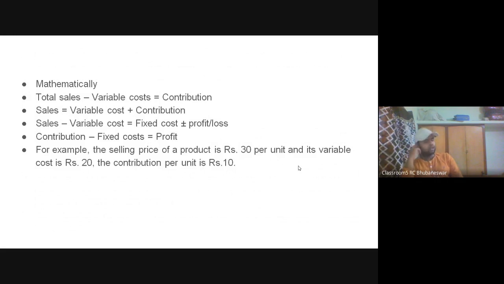So these are the total of the equation type of explanation. Okay. Loss is equal to contribution plus fixed cost, or profit is equal to contribution minus fixed cost.